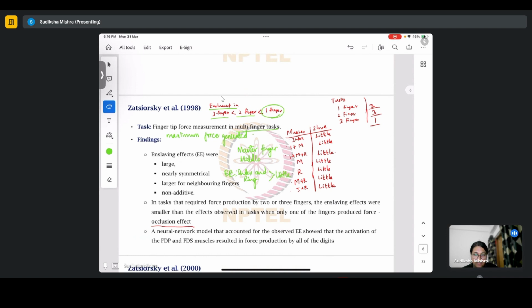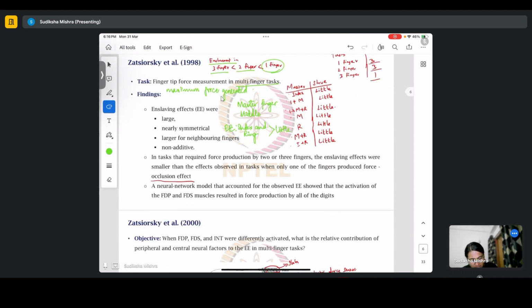One more finding of this paper was that a neural network model accounted for the observed enslavement effect, showing that the activation of the FDP and FDS muscles resulted in force production by all the digits.